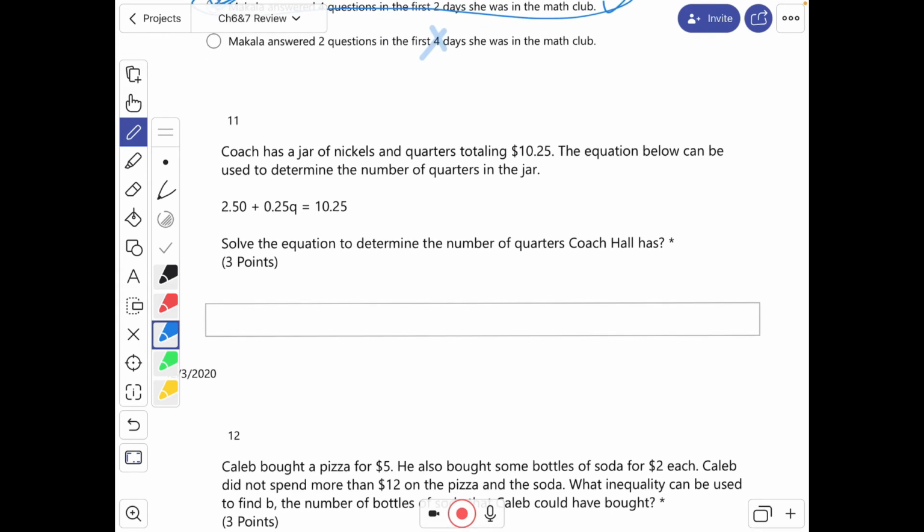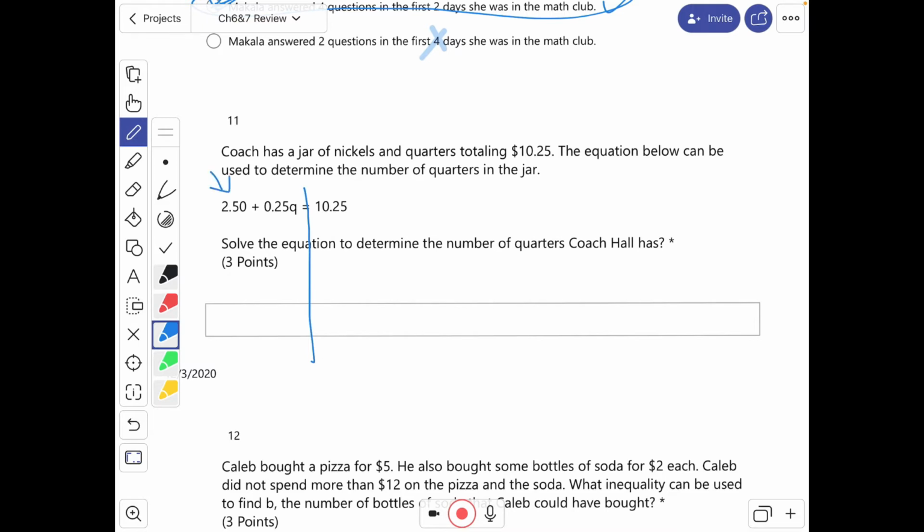Question 11. Coach has a jar of nickels and quarters totaling $10.25. The equation below can be used to determine the number of quarters in the jar. Solve the equation to determine the number of quarters Coach Hall has. Okay, so the way we solve an equation is to get the variable, which is Q, all by itself.